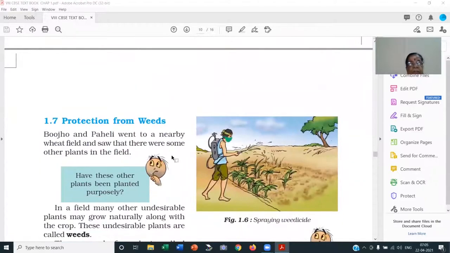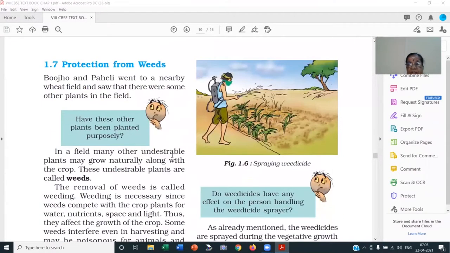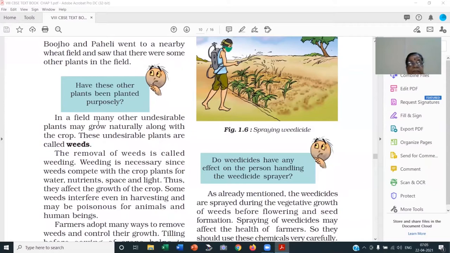Okay, that is for irrigation. And then for protection from weeds, I told you, this is spraying weedicide, like the machine our school office attender carries on the back to sanitize and spray. In a field, many other undesirable plants may grow naturally along with the crop.